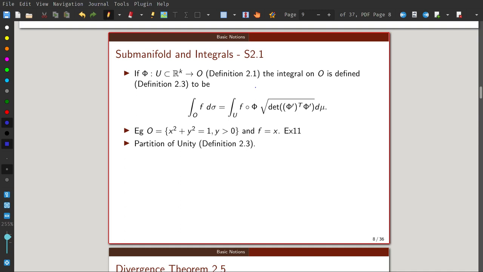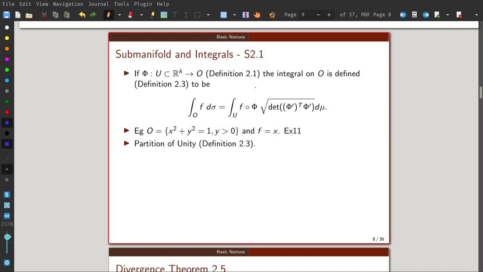But a submanifold is integrating over a surface in R3 or over a curve in R2. And obviously, this is not just Lebesgue integration over that set, which would be 0 because lower dimensional sets have measure 0. So they're null sets and their Lebesgue integrals are 0. This is something different.